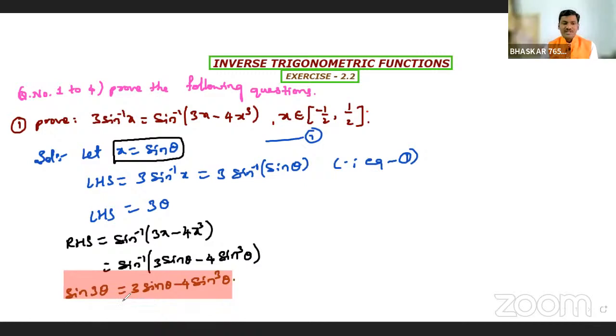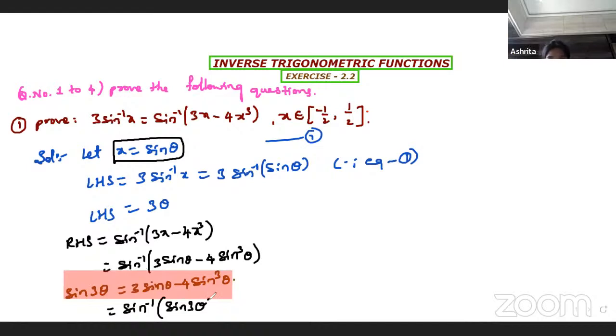Now if we apply the formula, we get sine inverse of 3 sine theta minus 4 sine cube theta. We can replace this with sine 3 theta, since it is in reverse. So sine inverse of sine 3 theta, the sine inverse gets cancelled, and we get 3 theta.